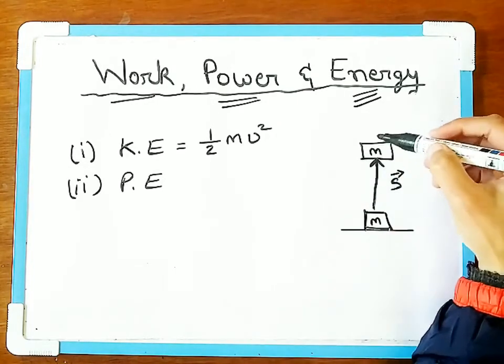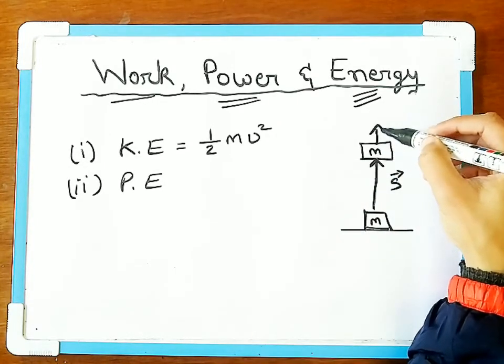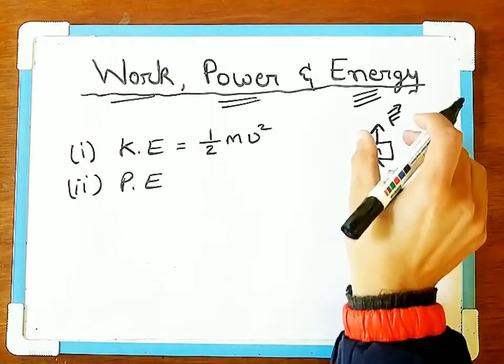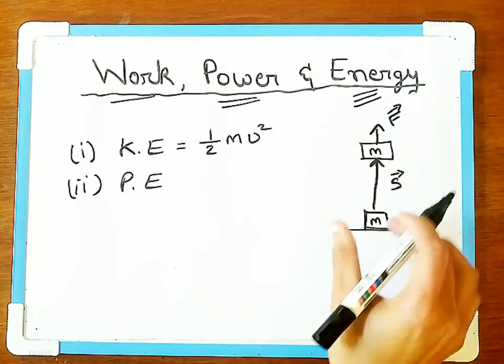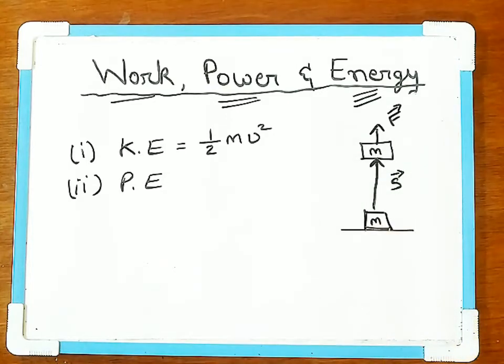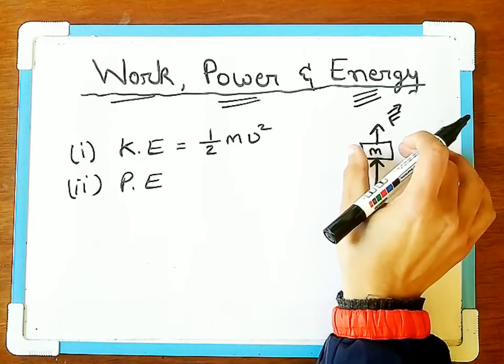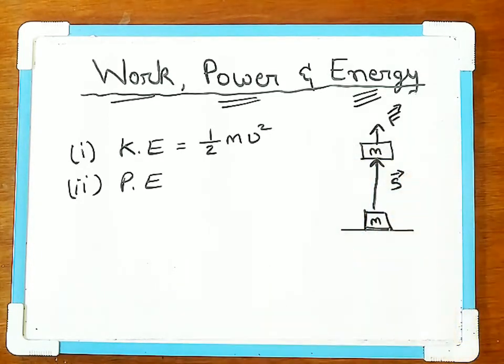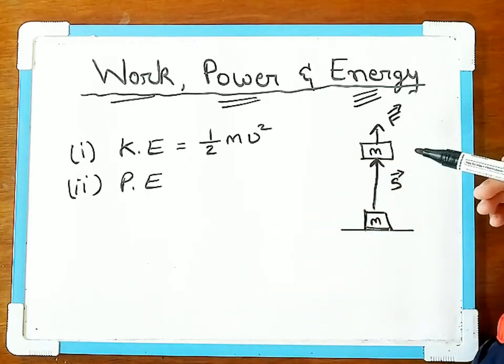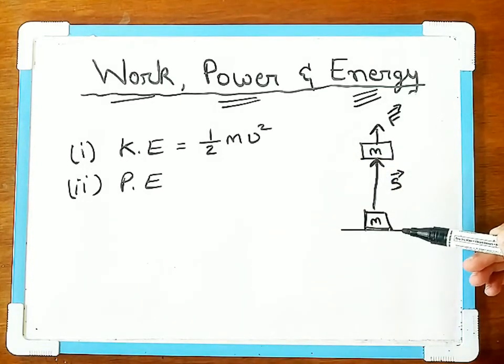Upon displacing the object from the ground, the force applied is in the upward direction. Due to this change in position, there arises potential energy, that is, an energy to displace this block of mass m from this position to this position. So this block of mass m has the capacity to displace itself from this position to this position.